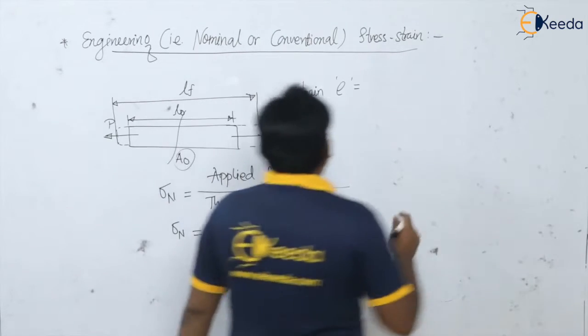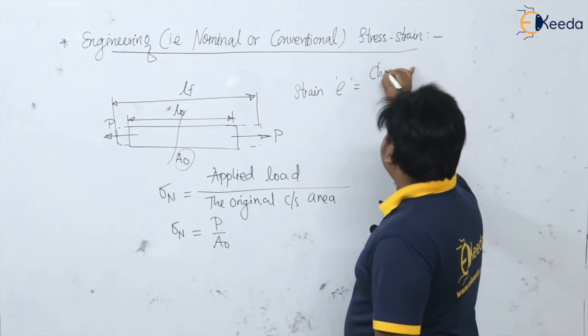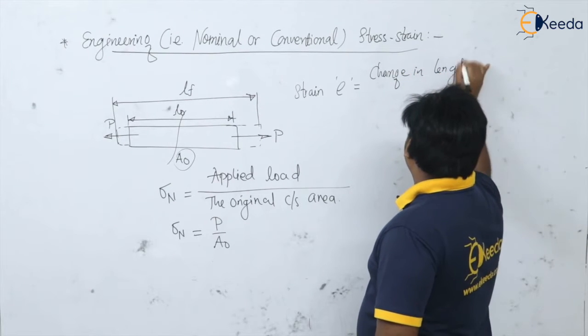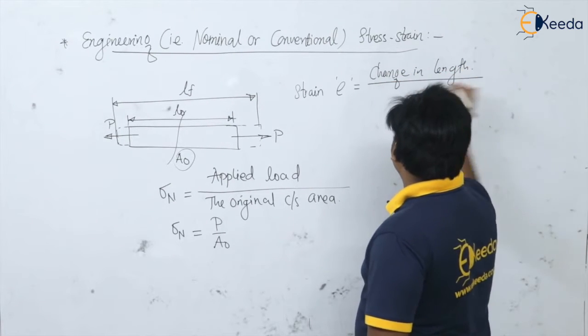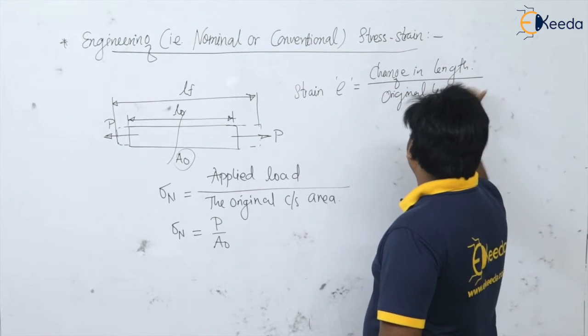So here the strain in this specimen is nothing but the change in length because of the loading divided by the original length of the specimen.